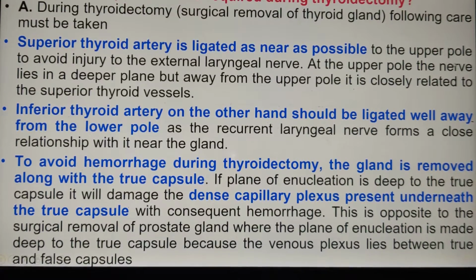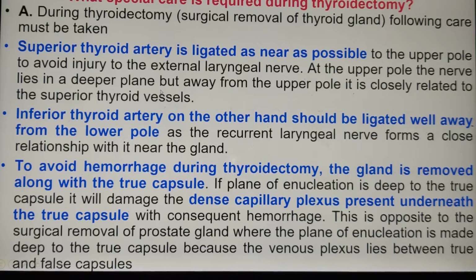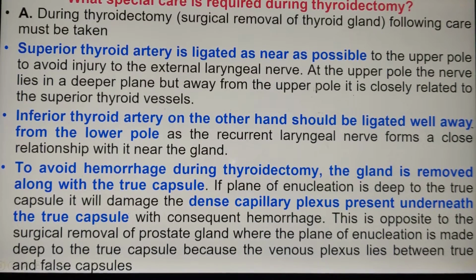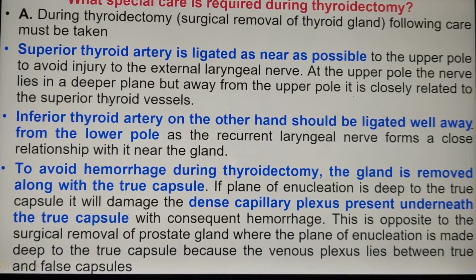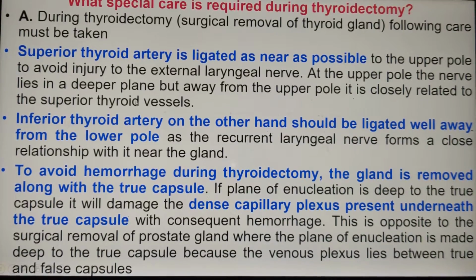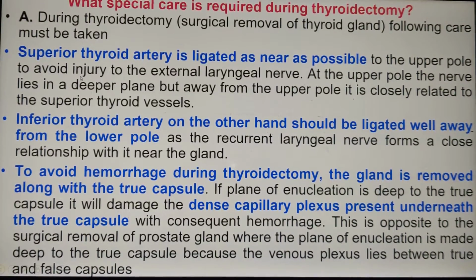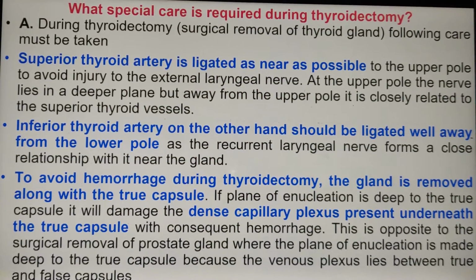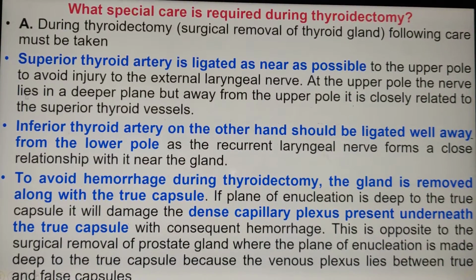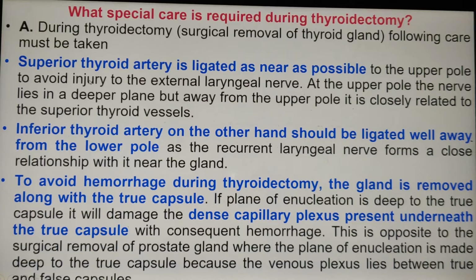At the upper pole, the nerve lies in a deeper plane, but away from the upper pole it is closely related to the superior thyroid vessels. So remember, the superior thyroid artery is ligated as near as possible to the upper pole to avoid injury to the external laryngeal nerve.